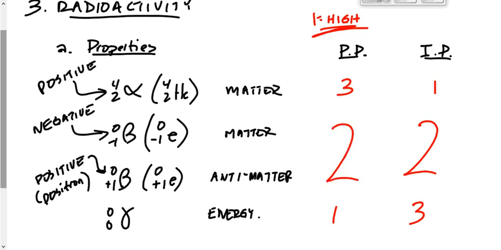Just so you know the reason that this is the case, when we look at these particles, what's the big difference between an alpha particle and a beta particle? Like one's positive, one's negative, whatever. The biggest difference is 2 things between alpha and the other particles. One of them is charge. Look at the charge here. You've got 2 protons in an alpha particle, so it's plus 2 elementary charges.